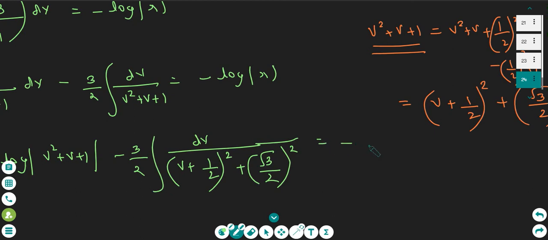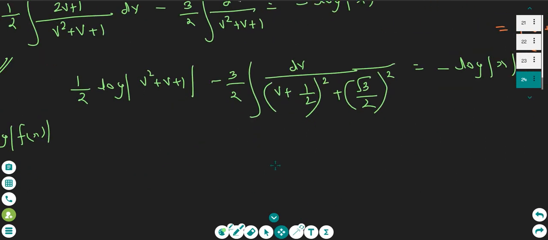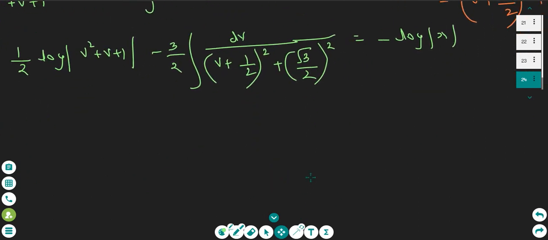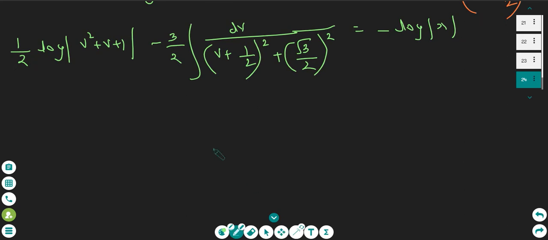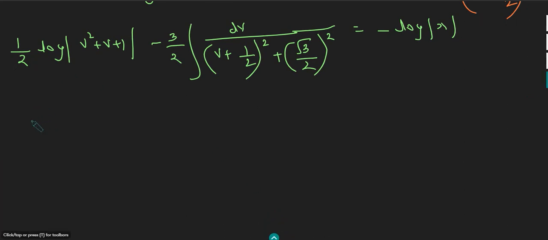This side as usual we have log mod x. So it is like this. Then I maintain the first part as it is, log mod v squared plus v plus 1.